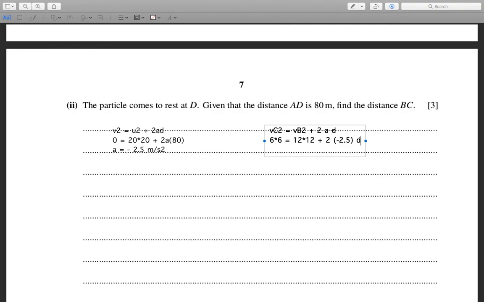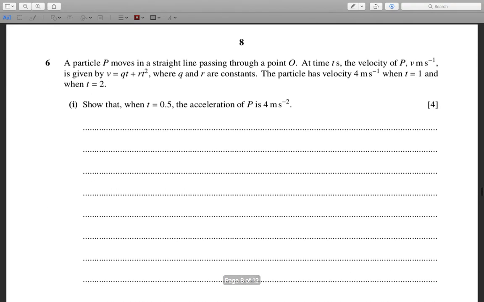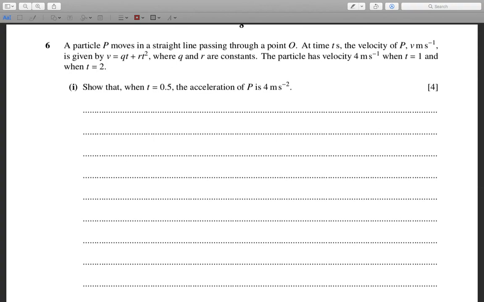We get D equals 21.6 meters. Then question 6.